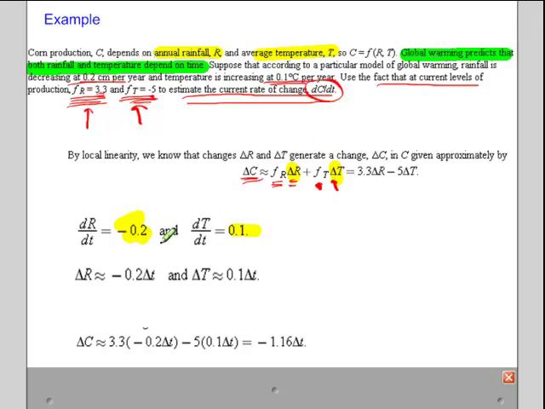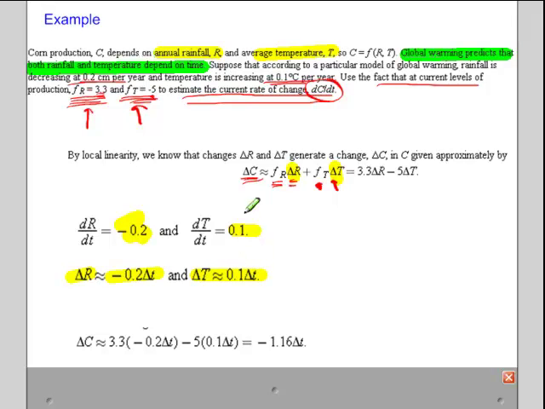Therefore, we could express our change in R as -0.2 times the change in t, and similarly the change in temperature equals 0.1 times the change in time.